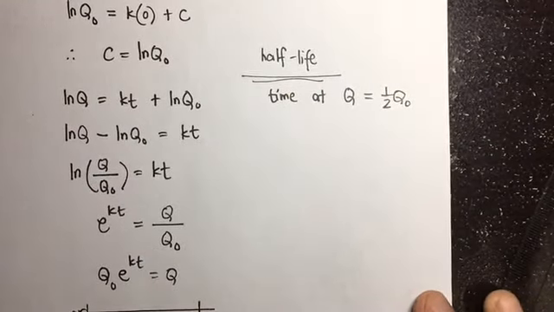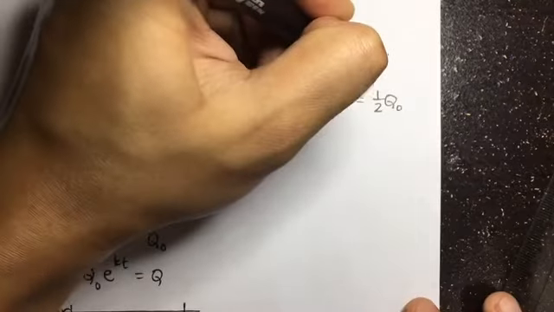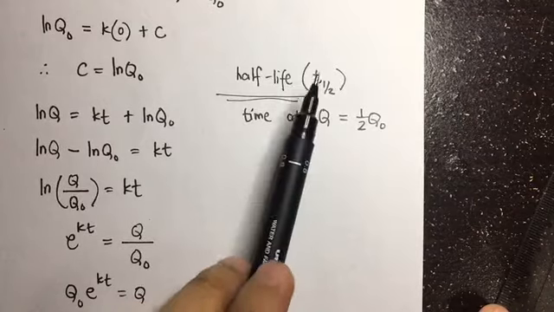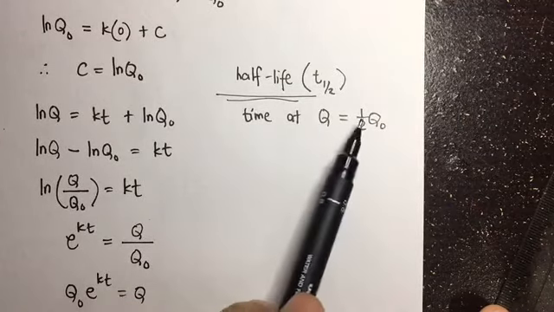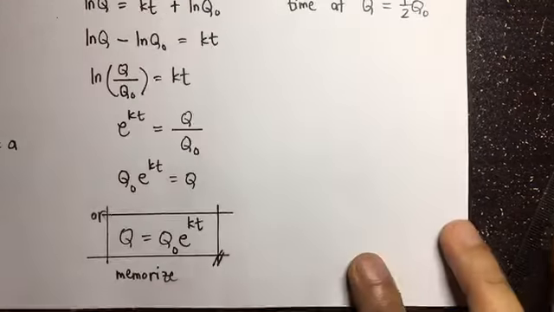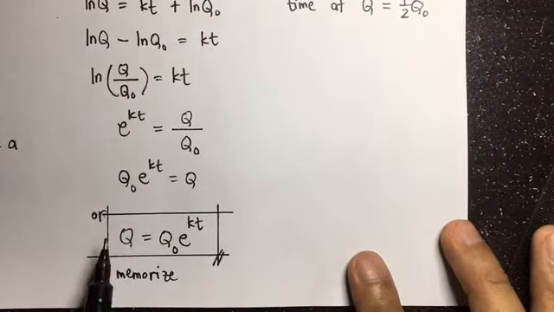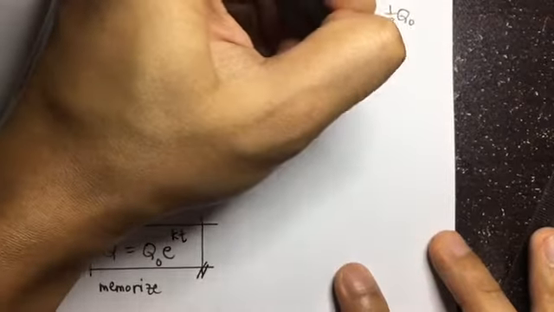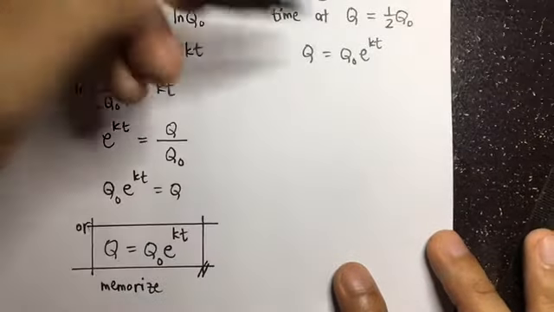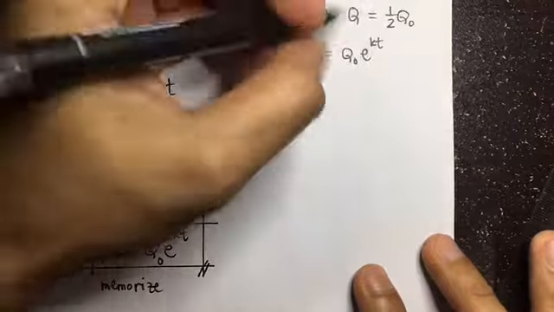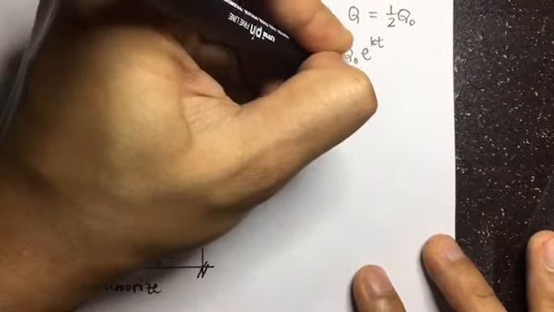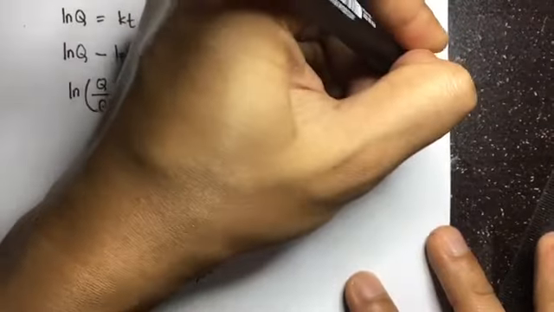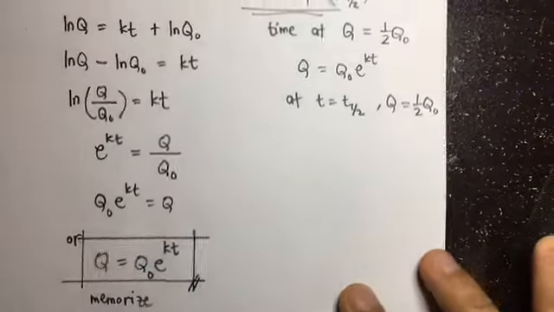So we just need to find the time at which Q is equal to 1/2 Q0. From Q is equal to Q0 e to the power of kt, at t is equal to t 1/2, or the half-life, Q is equal to 1/2 of Q0.